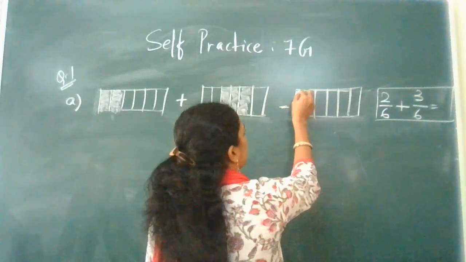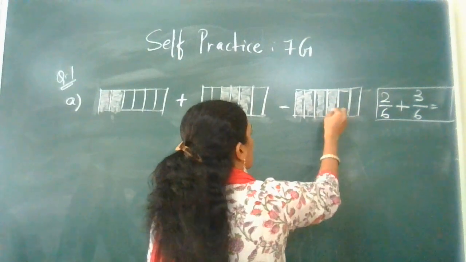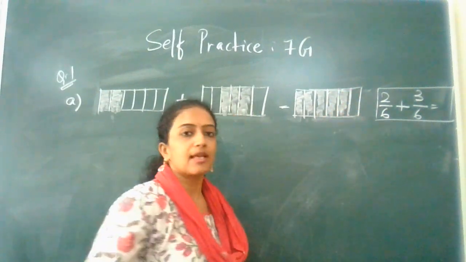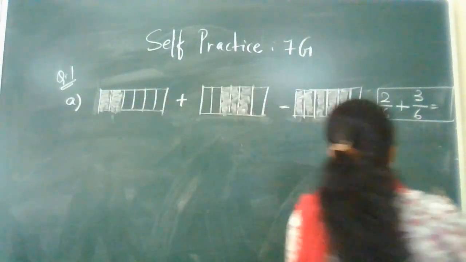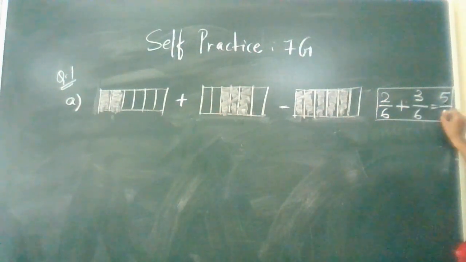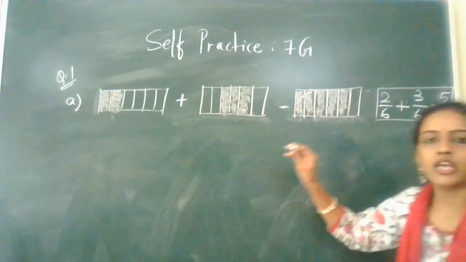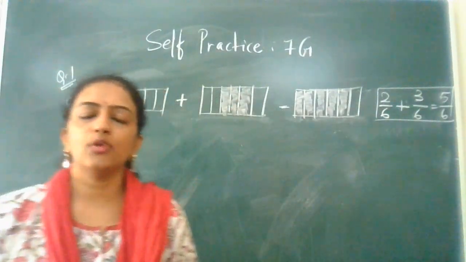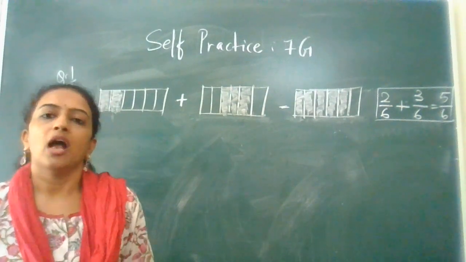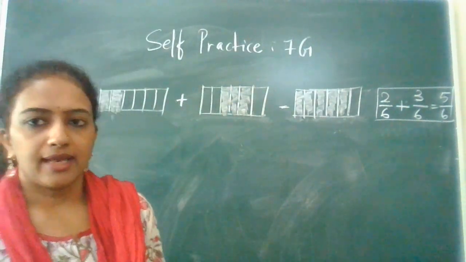And here they have shaded 1, 2, 3, 4 and 5 parts. And you can see the answer that 2 plus 3 is 5 and the common denominator, that is 5 upon 6. So this is A of question 1, you have to do in the textbook only. Now B you have to do by your own, and that is also to be done in the textbook.